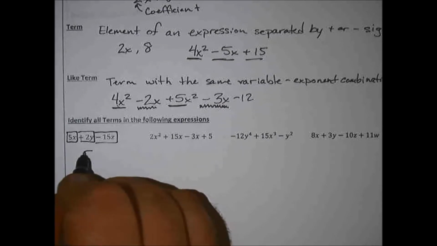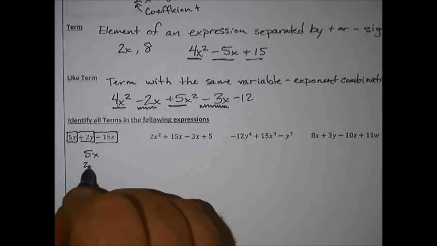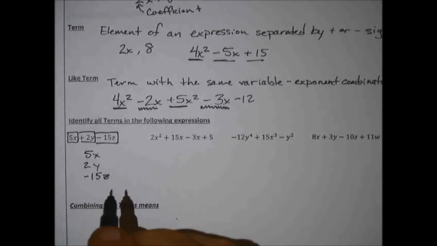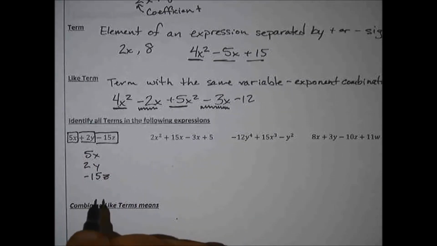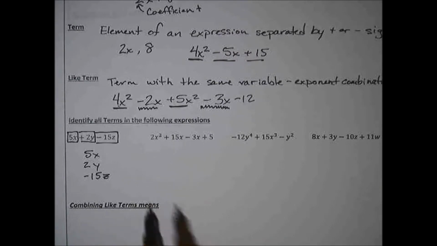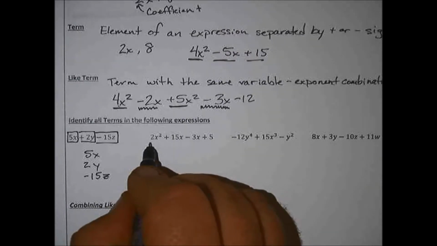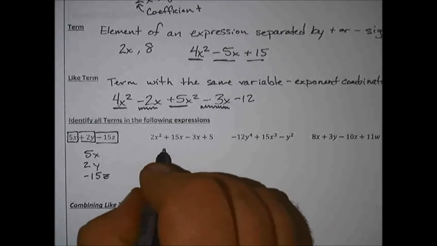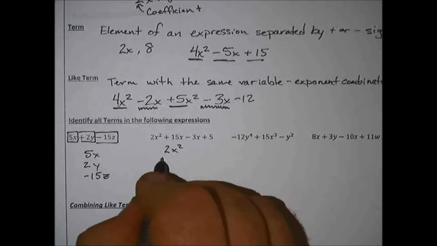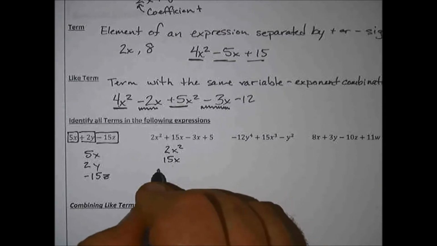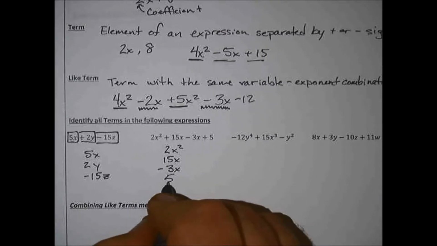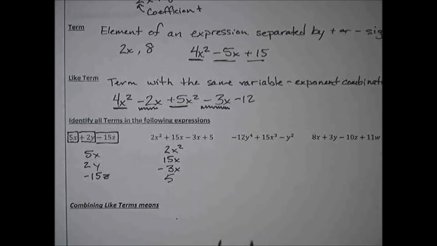So my answer would just be 5x, 2y, and minus 15z. Notice if it's positive, I don't write the plus sign because that's redundant. Okay, I have a 2x squared, a 15x, and negative 3x, and a 5. So 2x squared, 15x, minus 3x, or negative 3x, and plus 5. Okay, those are the four terms of that.